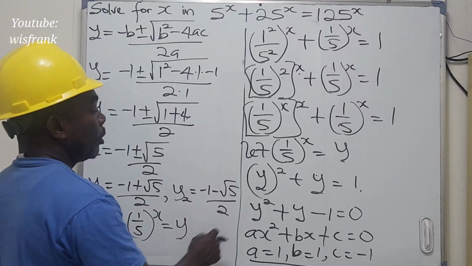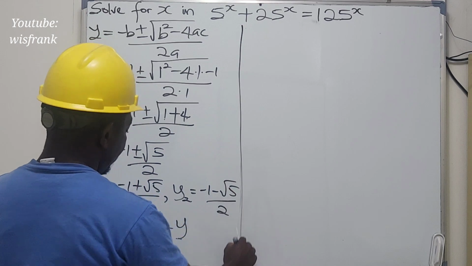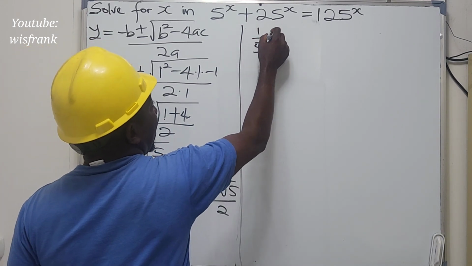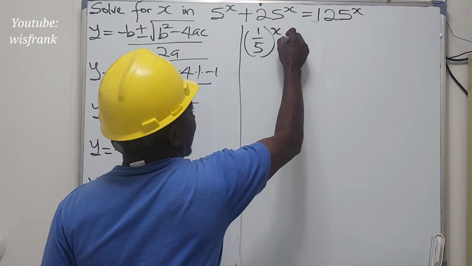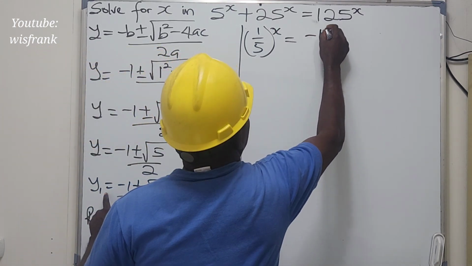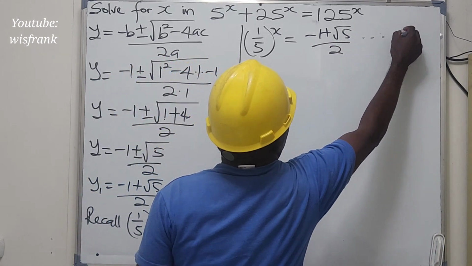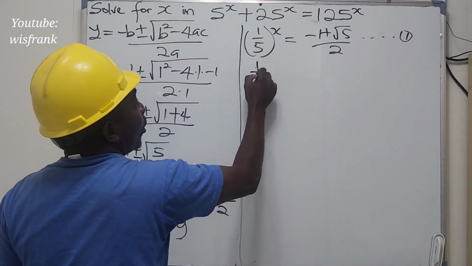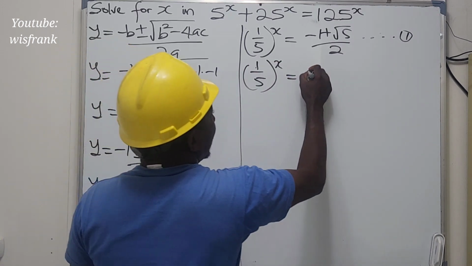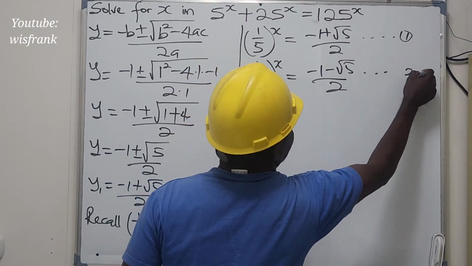So in this case, we are having the value of x when we have (1/5) to the power of x equals, let's take this one first, minus 1 plus root 5 all over 2. This one is for case 1. So we have the second one as (1/5) to the power of x equals minus 1 minus root 5 all over 2. But this is case 2.